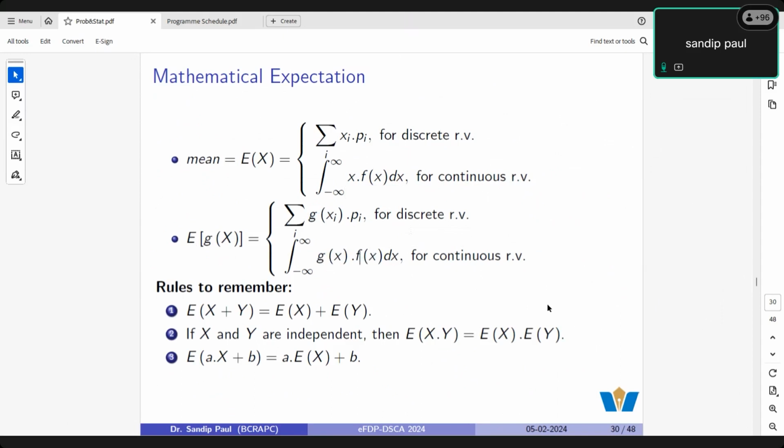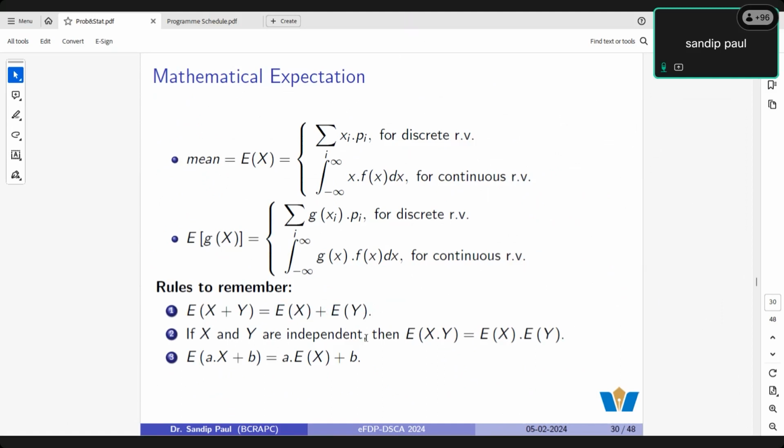Now, some important rules we have to note here. The expected value of the sum or difference of two random variables is the sum or difference of their individual expected values. So the expected value of x plus y is always equal to the expected value of x plus the expected value of y. They follow the linear property.